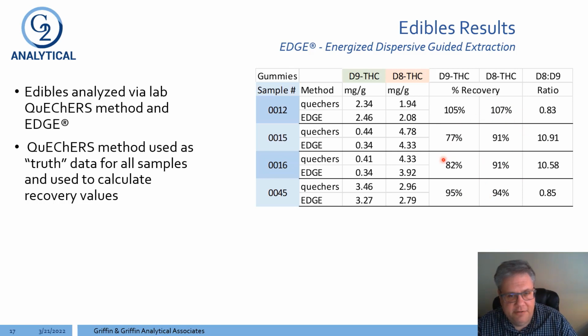So as you can see, the recovery is actually pretty good between the Edge and the QuEChERS. It seems to be biased a little low maybe for the Edge, and I think that has to do with particle size. With the QuEChERS, the whole entire gummy sample is dissolved, and so it's solubilized and then extracted, and that's a much more efficient extraction technique than a solid-liquid extraction, which is what the Edge is doing, because we don't solubilize the gummy in the Edge, we just do the extraction in there.